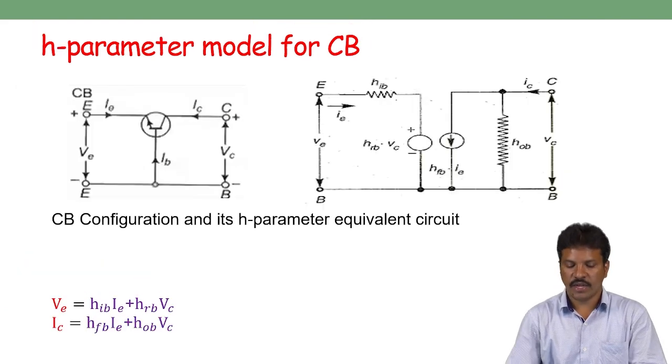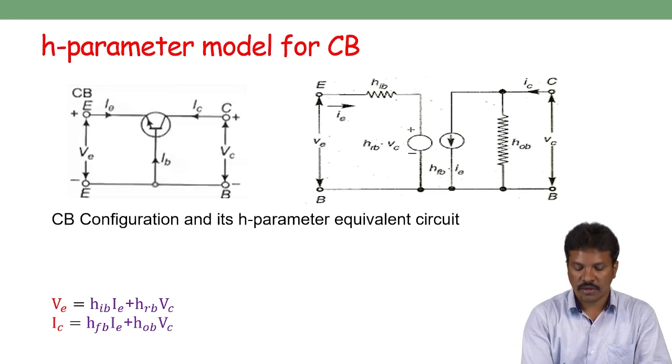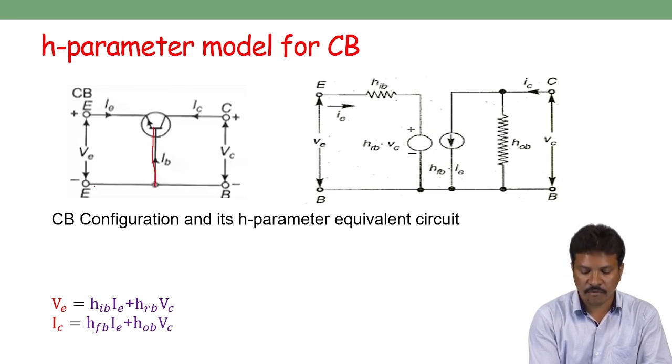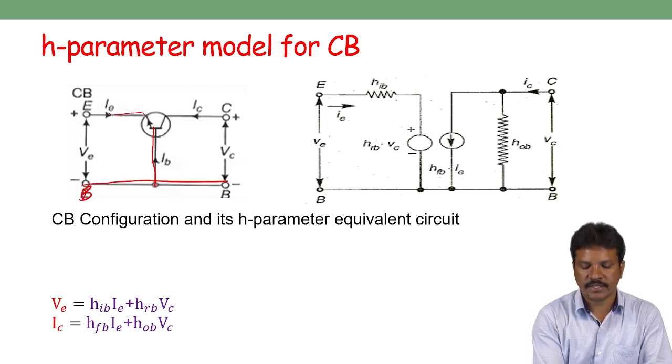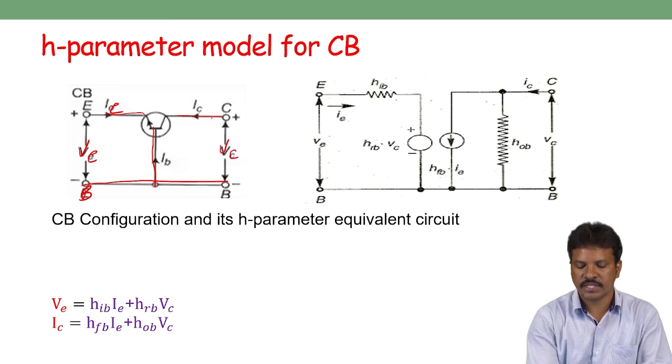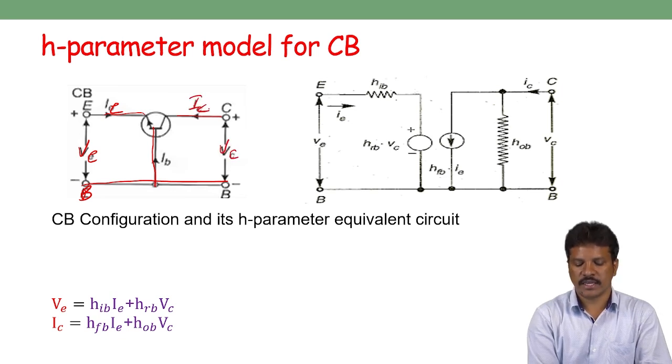Similarly, when we take the H parameter model for the common base configuration, the base terminal is common for both the input and output, the emitter terminal is the input, and the collector is the output. Then the input current is IE, the input voltage is VE, the output voltage is VC, and the output current is IC.